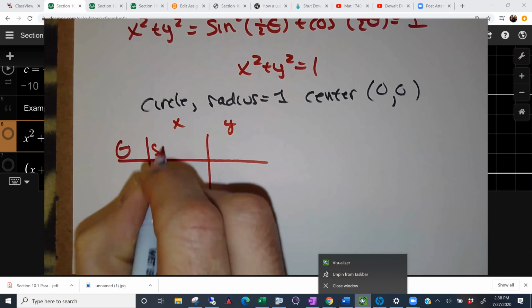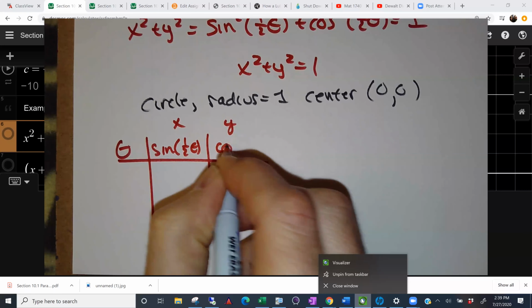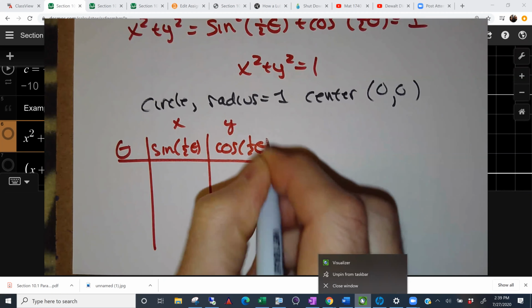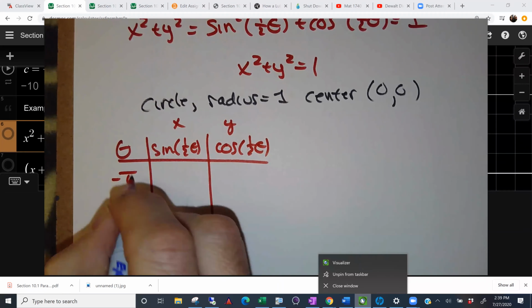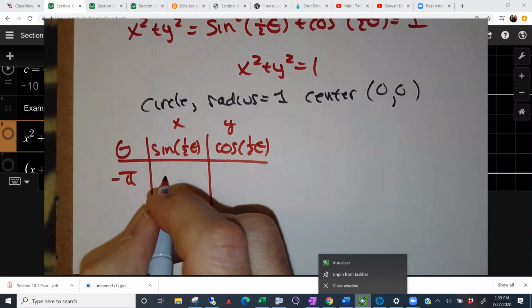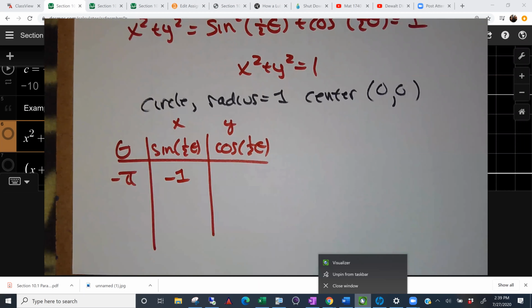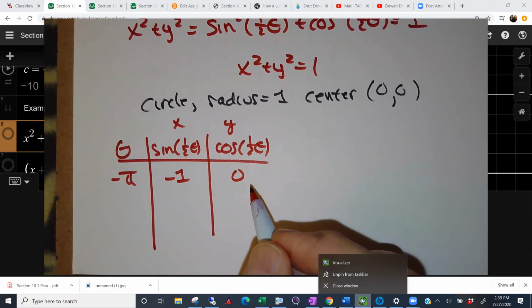So sine of 1/2 theta, cosine of 1/2 theta. Let's see our x and y coordinates. At -pi, plugging that in, that's going to be -pi/2, which is -90 degrees. So I have x coordinate of -1. Y coordinate is going to be 0 at that point.